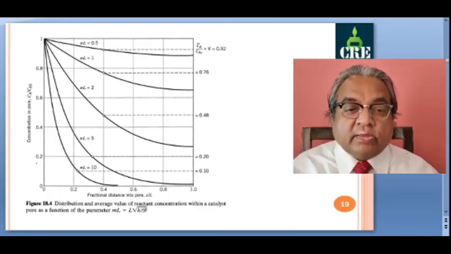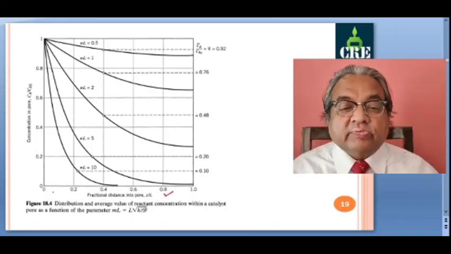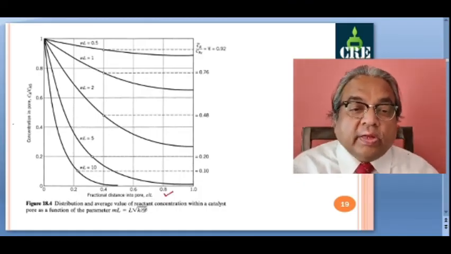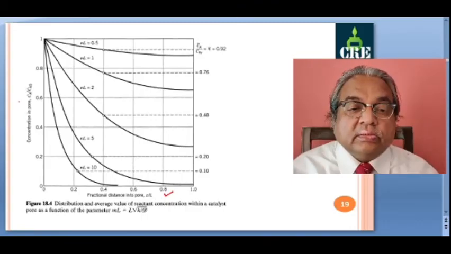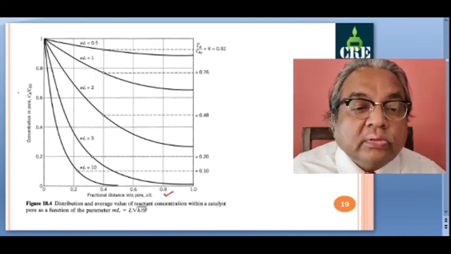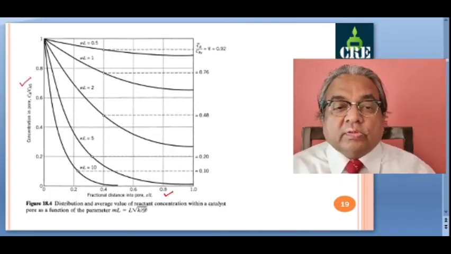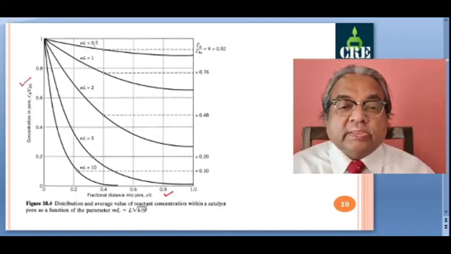If you look at this plot, on both sides 0 to 1, so these are dimensionless variables. The fractional distance: the total distance is L, x is varying from 0 to L, so the fractional distance x by L varies from 0 to 1. And here is the concentration ratio in the pore, Ca by Cas. Now here you can look, these curves represent mL equal to 0.5, 1, 2, 5, 10 and so on.